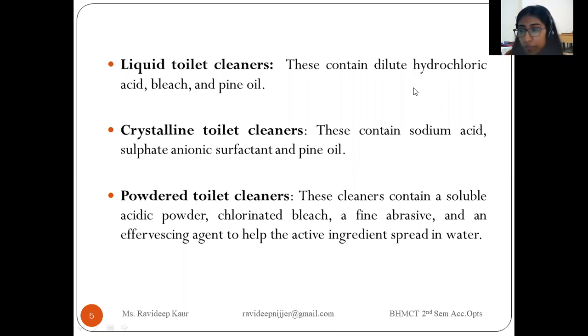It comes in a powder form. You must have seen these cleaners at home as well. This powder is then combined with water to clean the area or surface.